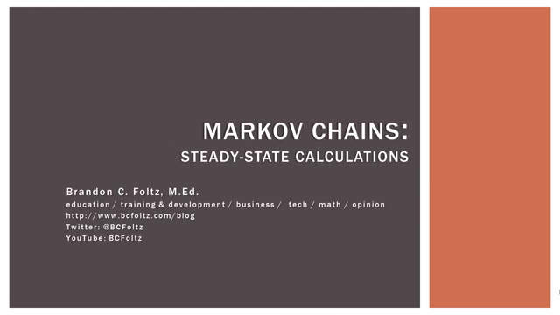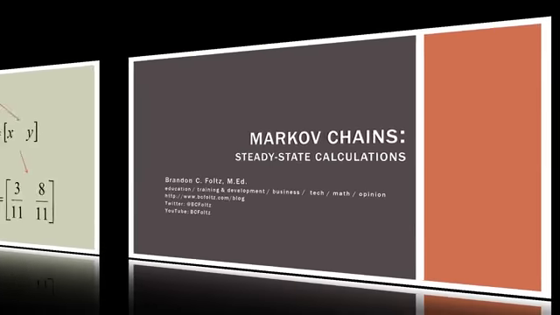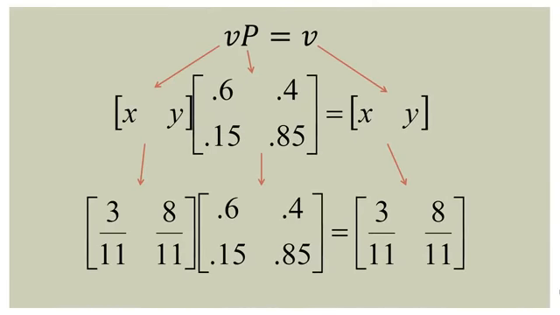Now I just wanted to point out on that previous slide, if you remember, actually I think I'll go back. We have 3/11 and 8/11. Now if you do the division in your calculator, you will see that 3/11 is 0.27272. 8/11 is 0.72727.